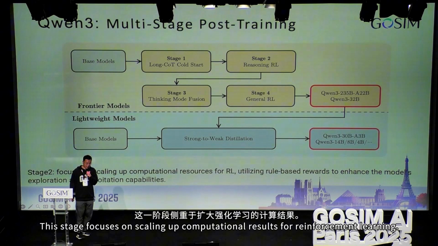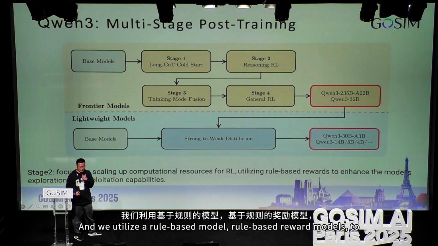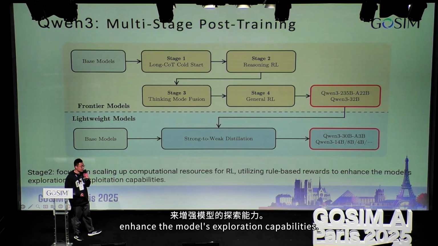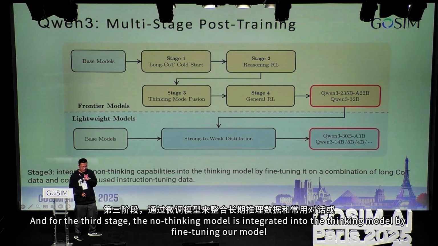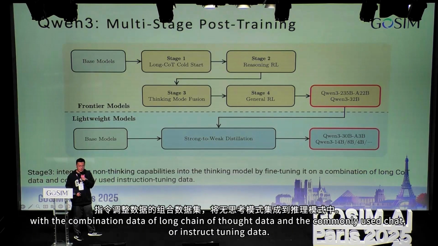This stage focuses on scaling up computation resources for reinforcement learning, and we utilize rule-based reward models to enhance the model's exploration capabilities. For the third stage, the non-thinking mode is integrated into the thinking model by fine-tuning our model with a combination of long chain of thought data and commonly used chat instruction tuning data.